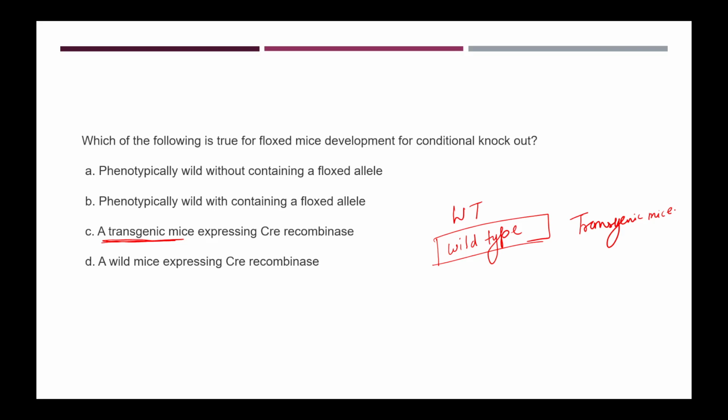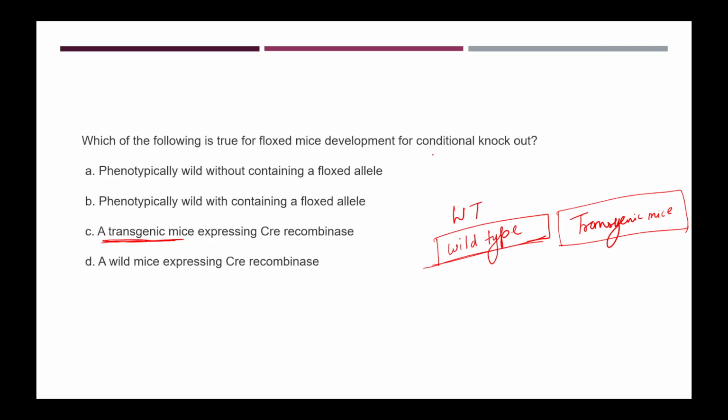So here it is just talking about the allelic variation, as we have talked initially: the embryonic stem cells fused with the blastocyst, and then they are introduced to a foster mice, and that will develop into the chimeric mice. So that can be homozygous allele or floxed allele or heterozygous floxed allele. So that is how the phenotype differs.